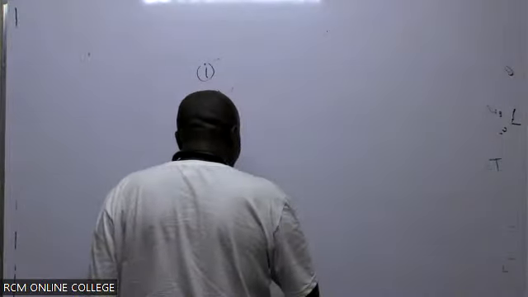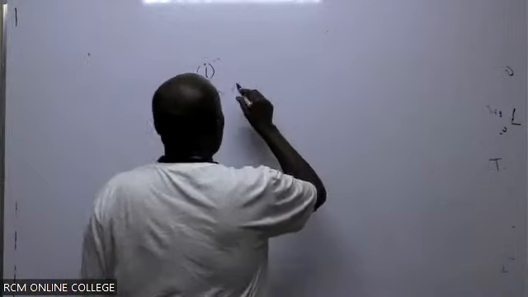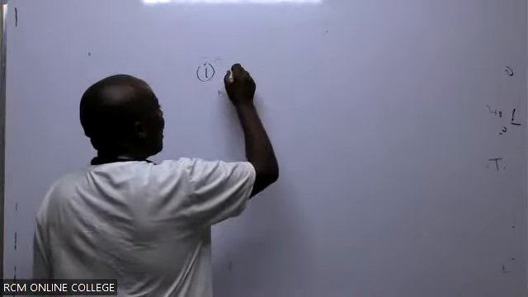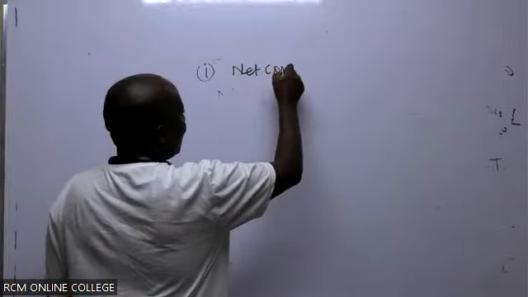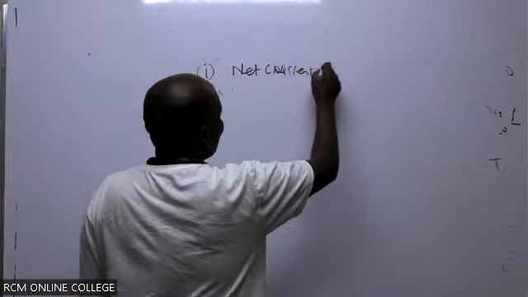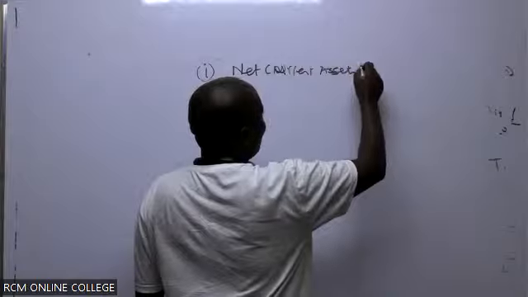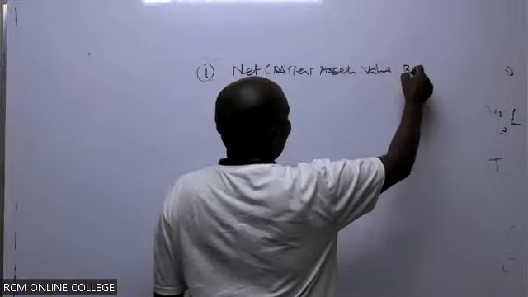The other one that he keeps on repeating, using this in the solutions, is what we call net current assets value.